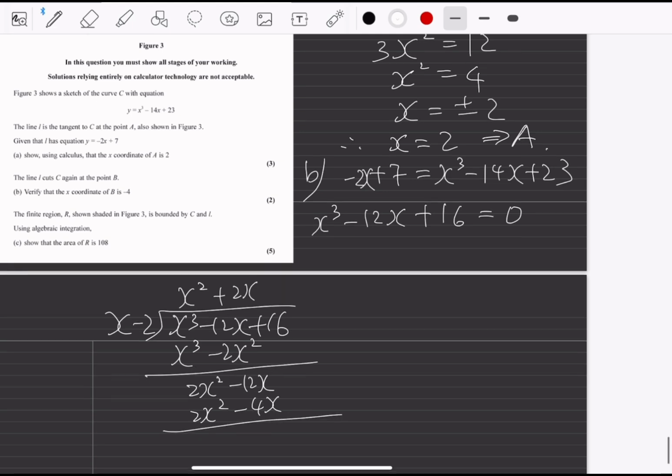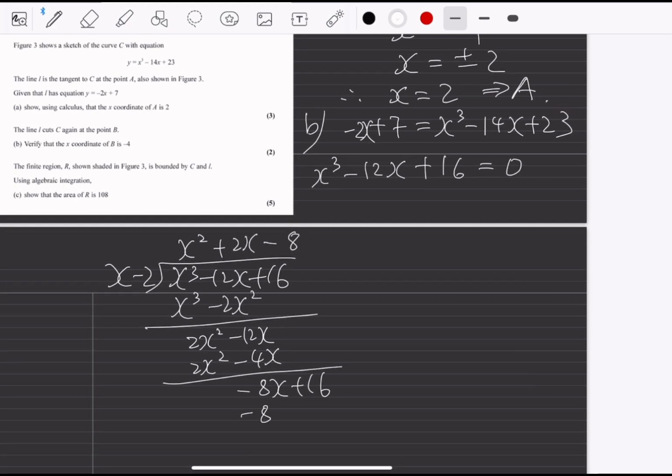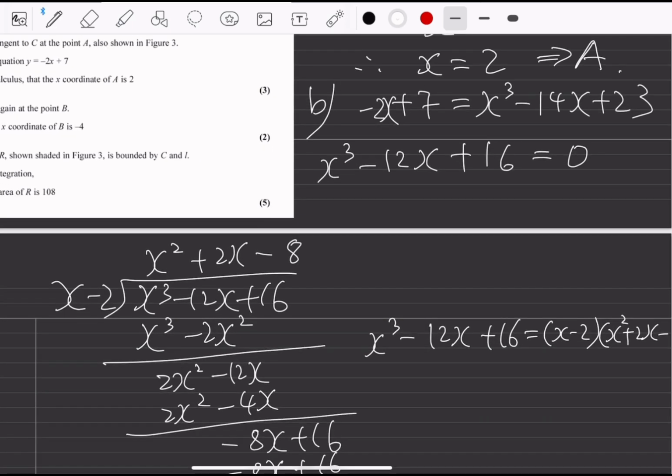Do the subtraction again. That gives us minus 8x plus 16. That means we have to minus 8. That gives us minus 8x plus 16, remainder 0. So therefore, x cubed minus 12x plus 16 can be written as x minus 2, x squared plus 2x minus 8.